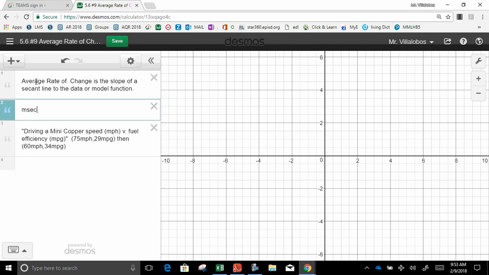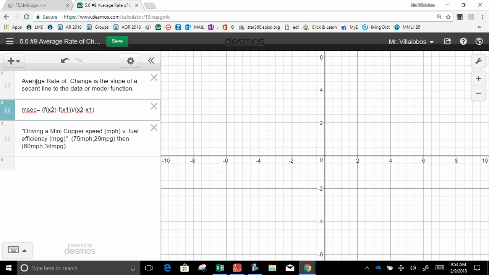The formula is m secant equals y2 minus y1, or f of x2 minus f of x1, all that divided by x2 minus x1.